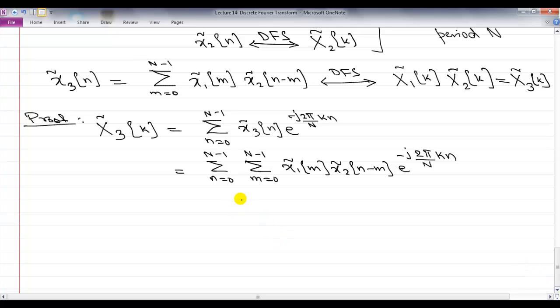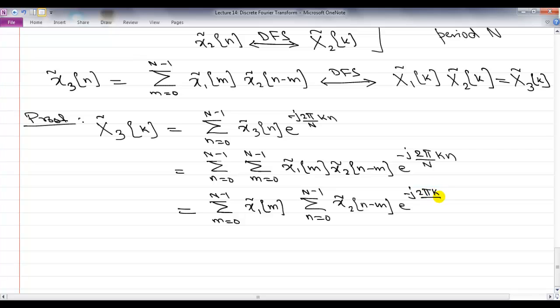Now I'm just going to change the order of summation. So I bring the second summation outside, and I carry x1 tilde m with it. And I have n equal to 0 to N minus 1 of x2 tilde of n minus m e to the minus j 2 pi k over capital N times n.